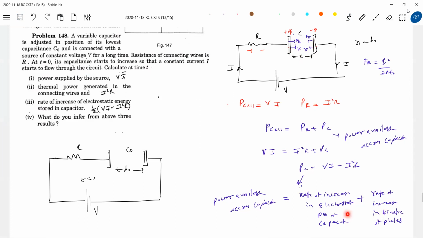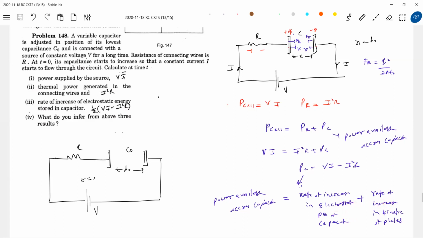Now what about their ratio? In what proportion will these two be? Where have we come across such a thing? I think you go back to the dielectric slab between the plates, no? Half of it will be converted into kinetic energy of the slab. The remaining will be the increase in potential energy of the capacitor.